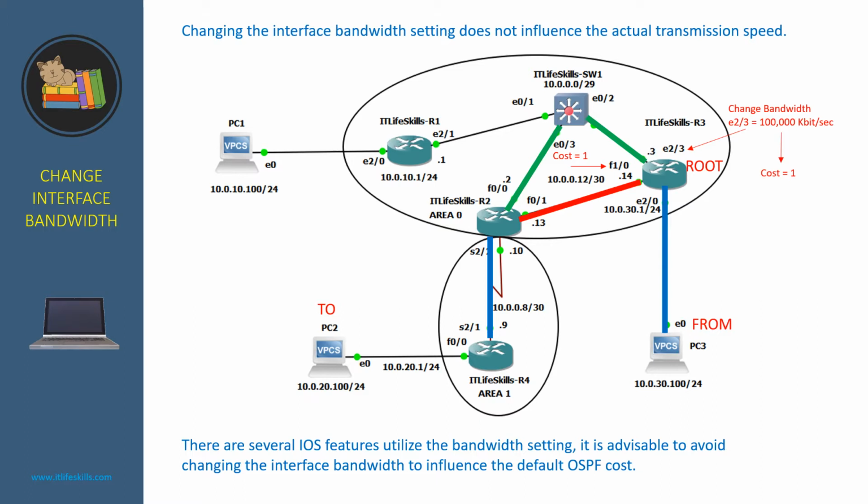After changing, we must be able to see OSPF on IT Life Skills Router 3 load balance the traffic via the interfaces E2/3 and F1/0 to the subnets 10.0.0.8/30 and 10.0.20.0/24.